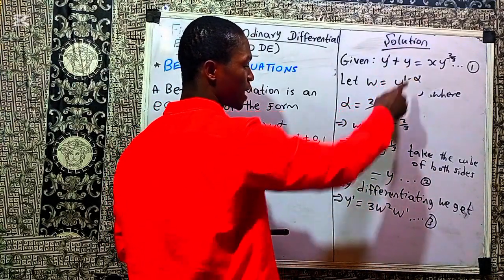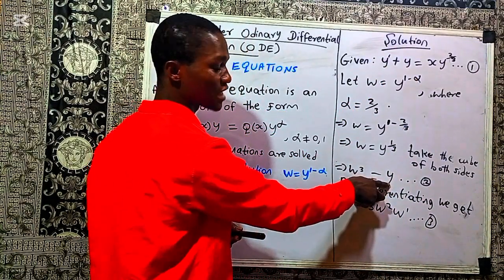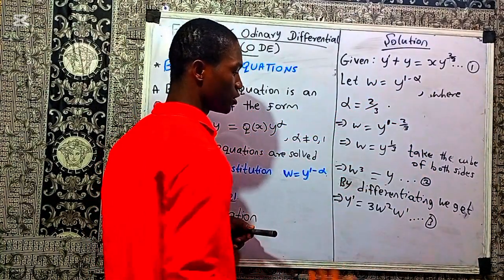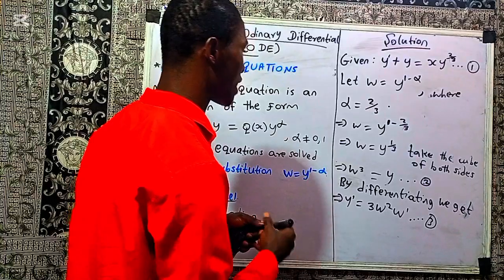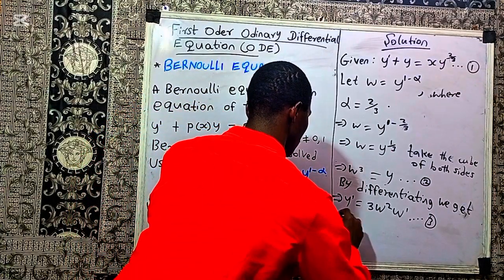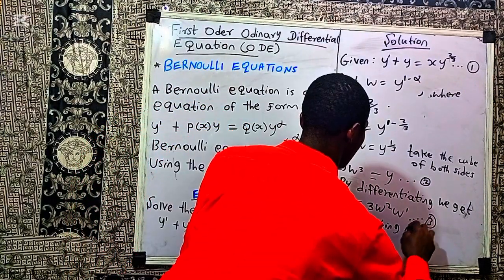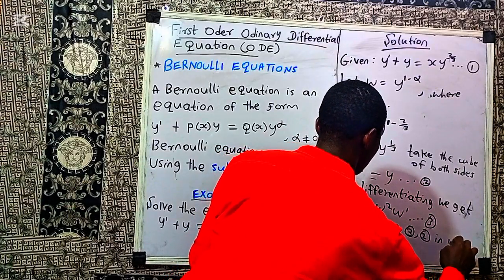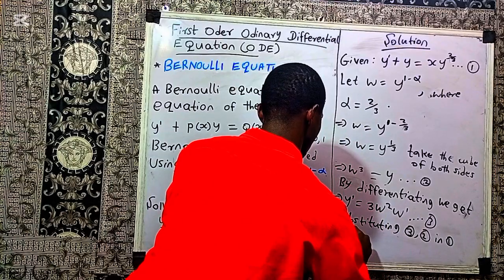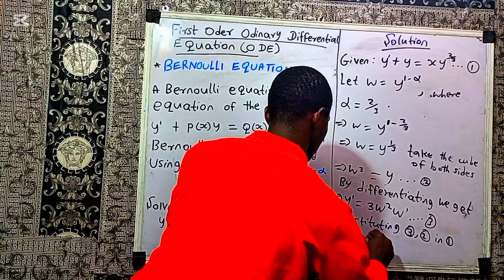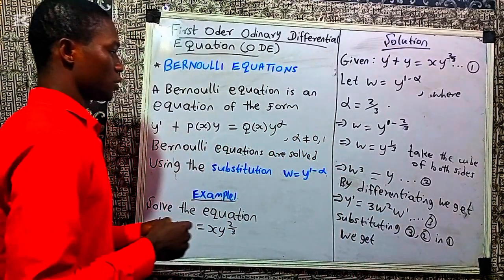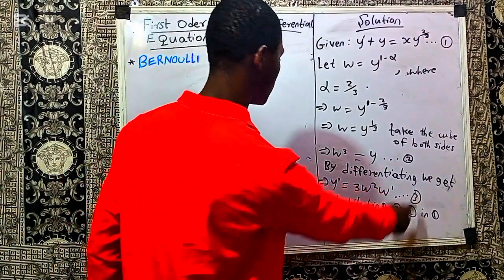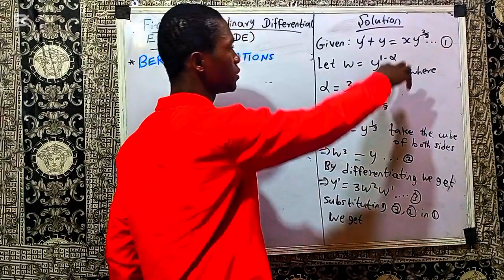Of course, I've gotten y in terms of w, since I made y the subject of the formula, so that I can replace it. So the next step now is to substitute equation 3 and equation 2 in equation 1.